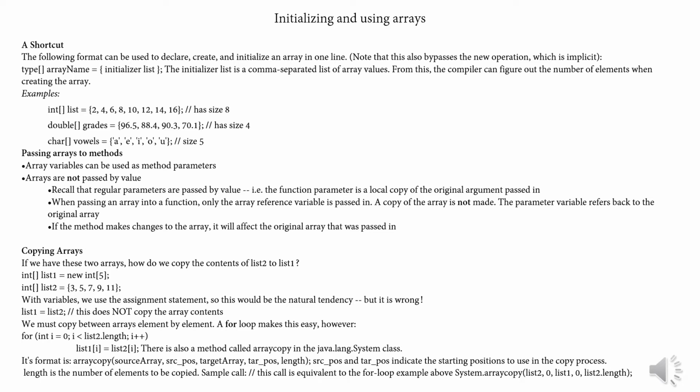The regular parameters of a method are passed by value. What does it mean? It means these parameters are copies of the original values, so changing this copy inside the method will not change the actual values of the variables inside the main method.